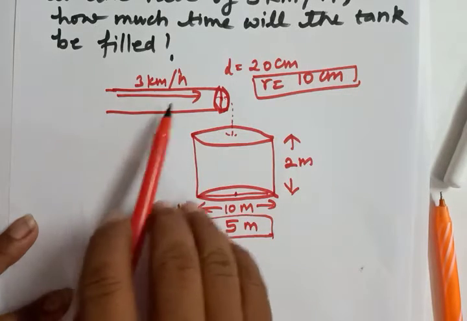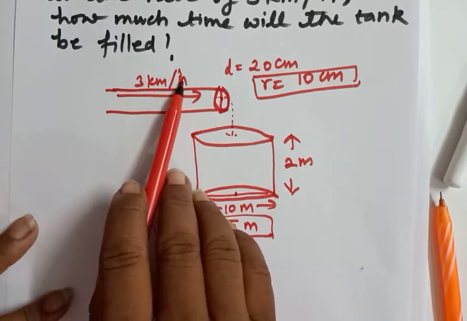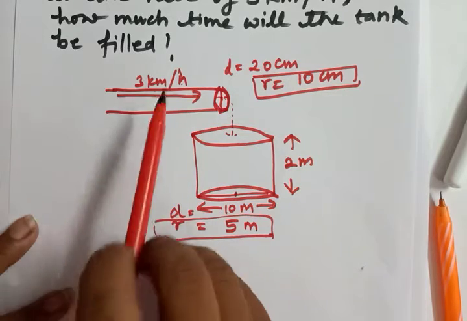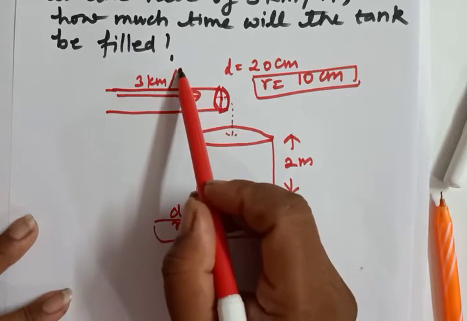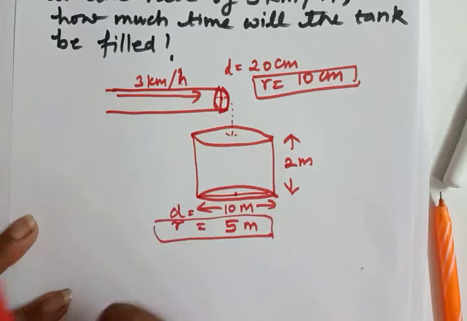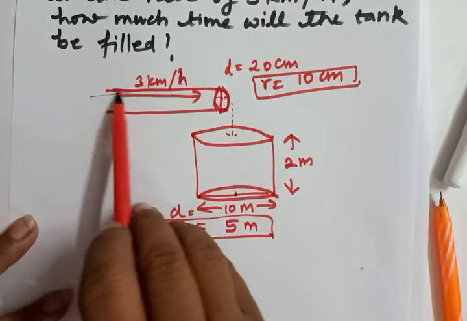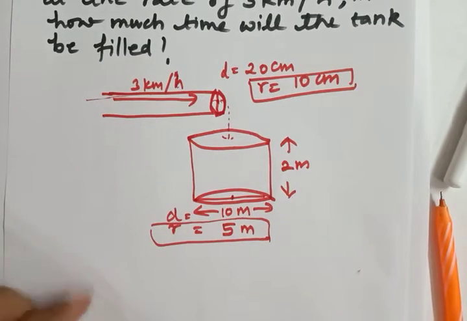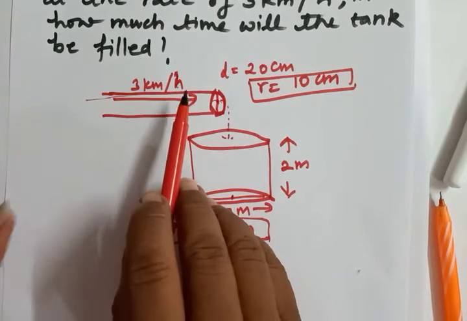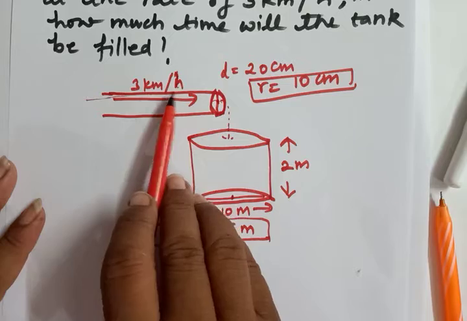As I already told you in my previous question, when 3 km is given for 1 hour, we can take it as the length of the pipe, that we use as a height. So for 1 hour the height is 3 km for this pipe.